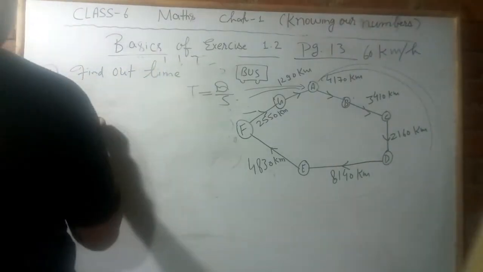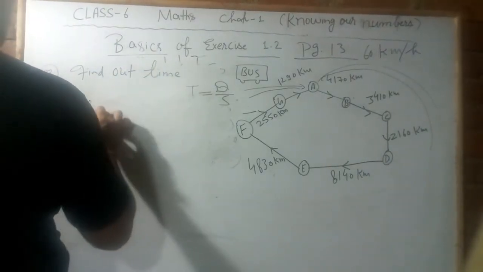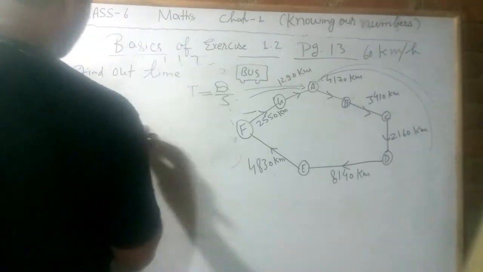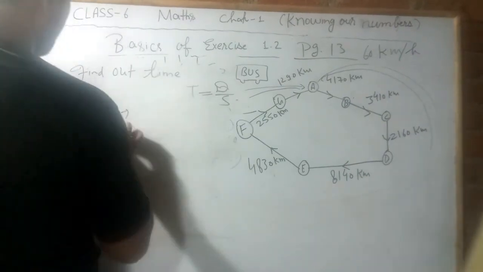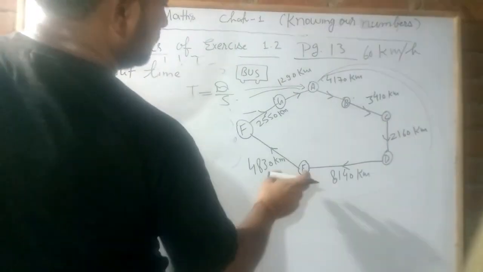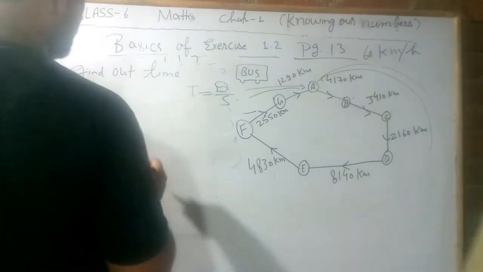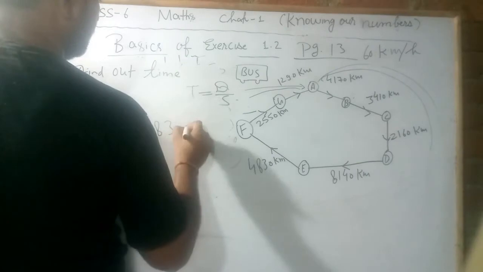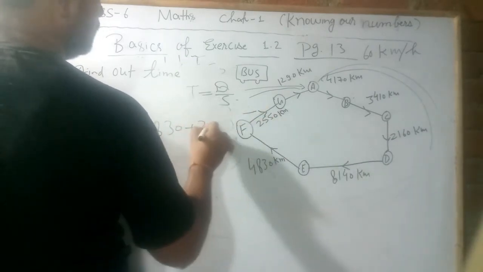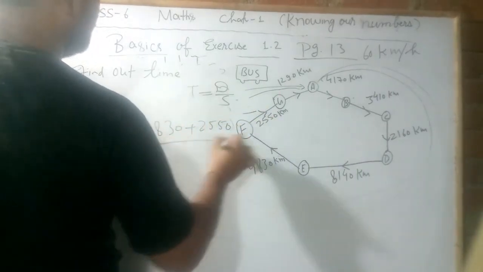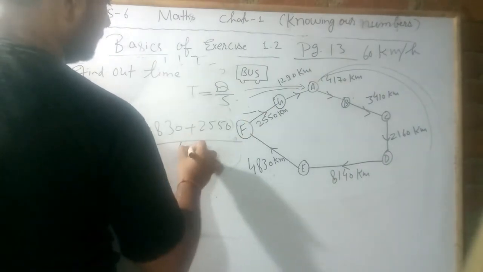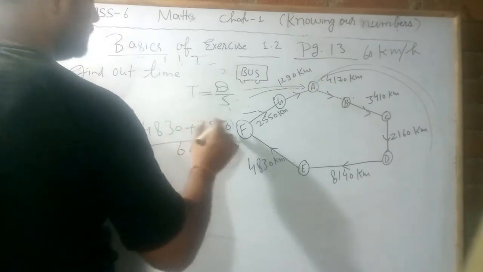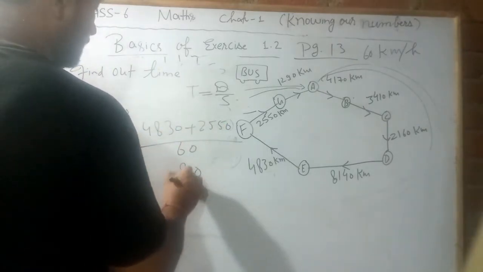Now next, E to G. So what is given? E to G. Same formula we will use. T equals distance for E to G. So we have to add both. 483 plus 2550 divided by 60 speed. Now add this. 0 plus 0, 0. 5 plus 3, 8.